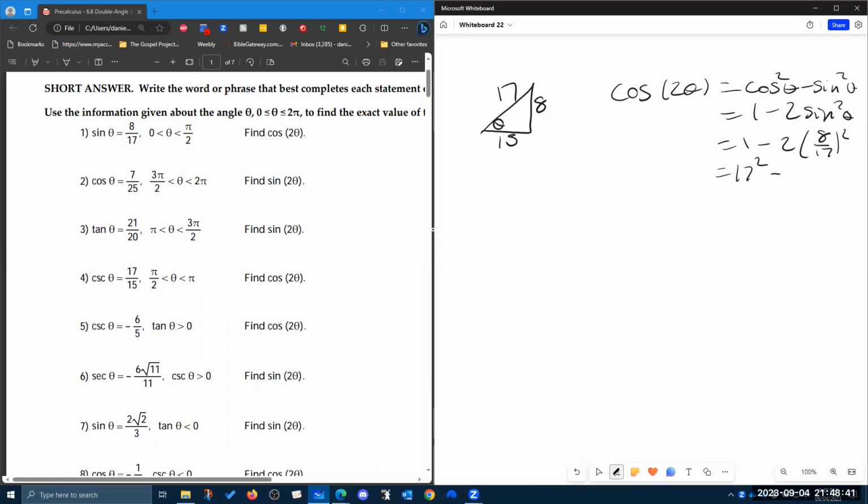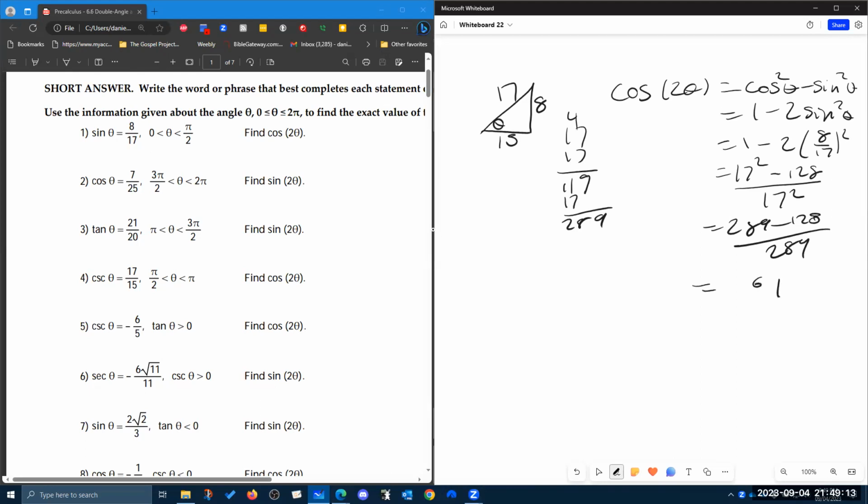17 squared minus 64 times 2, which is 128, over 17 squared. 17 times 17 is 289.